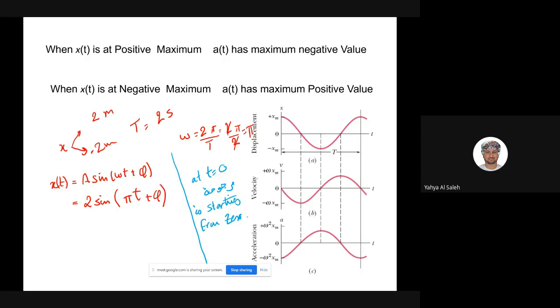Right? X of 0 equals 0 equals 2 sine pi t plus phi. Time is equal to 0, so pi of 0 is 0. Phi is equal to 0.